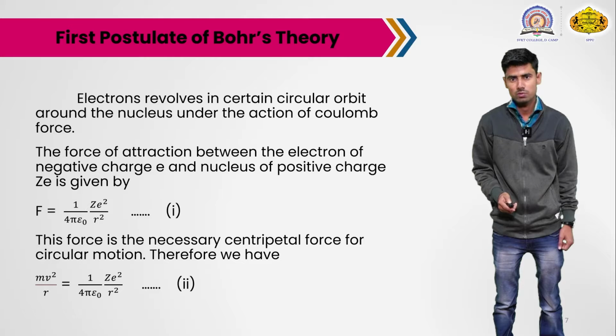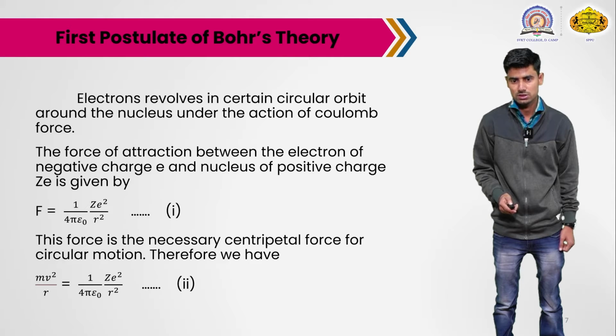By using that formula we get the force of attraction as F equals 1 divided by 4 pi epsilon naught, Ze square by r square. Here 1 divided by 4 pi epsilon naught is called Coulomb's constant, Z is the atomic number and r is the separation between the electron and the nucleus.